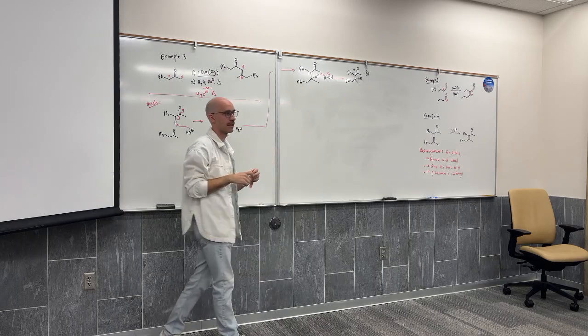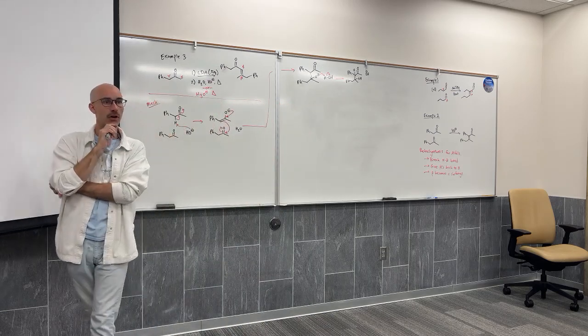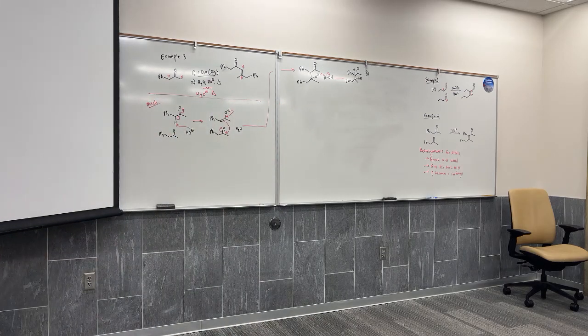Now I've added my second alpha hydrogen. It was there the whole time, agreed? That alpha hydrogen was always there. It just wasn't relevant until now. Because look at the product. Both of those two alpha hydrogens are gone.